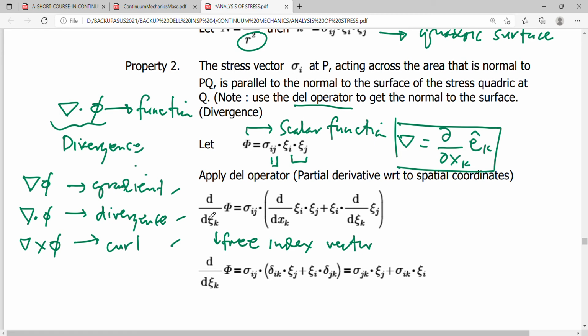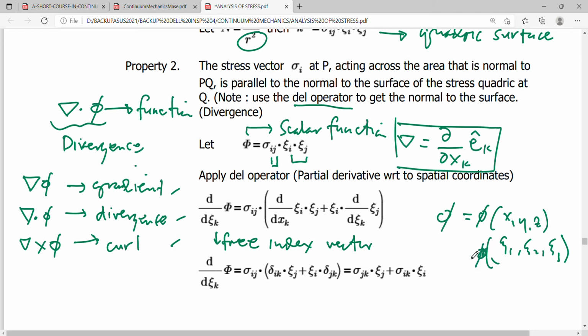But it's automatic that this is a partial derivative, since your phi value here is a scalar function of your position. So it's an xyz. So phi is a function of x, y, and z, or simply in this case, xi 1, xi 2, and xi 3.